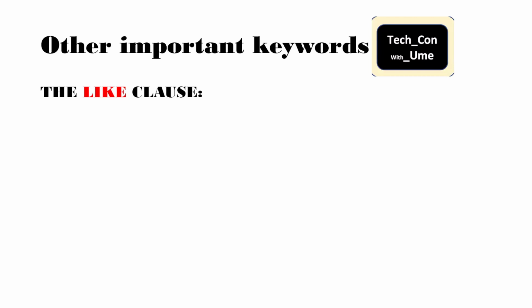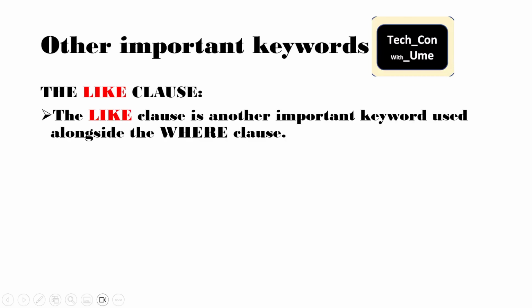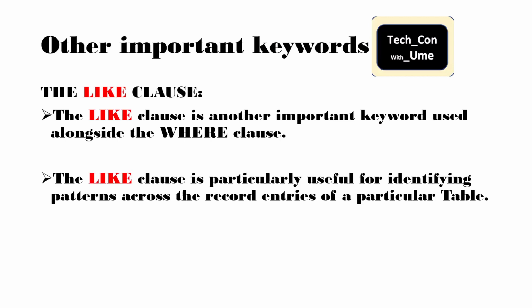So some other important keywords will be the topic here. We're going to begin with the like clause. Now, the like clause is another important keyword used alongside the where clause.